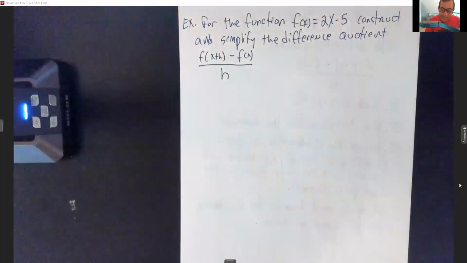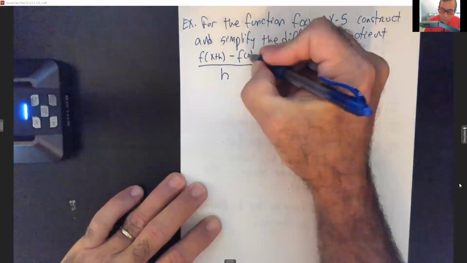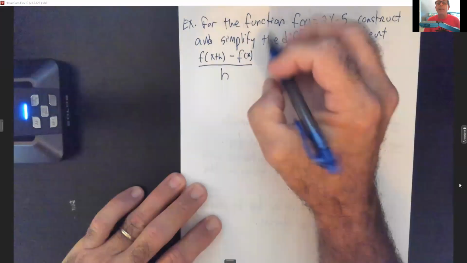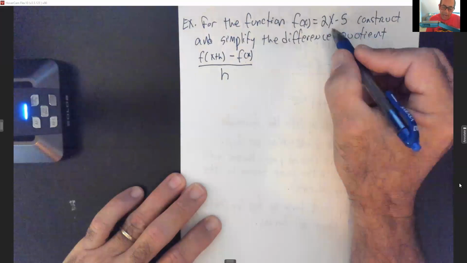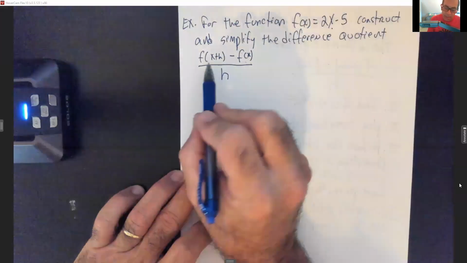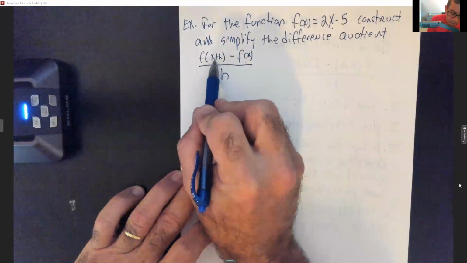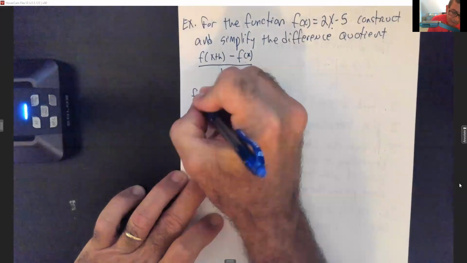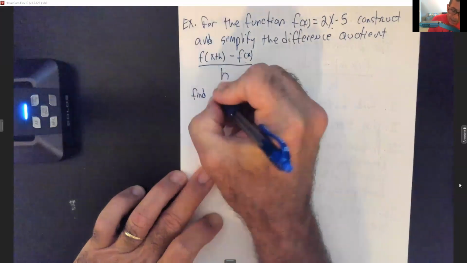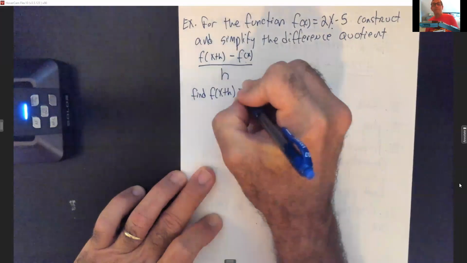So what's nice is this f of x part right here, we've already got it because they're giving us the f of x. What we got to find is f of x plus h. So the first thing I'm going to do is find my f of x plus h.